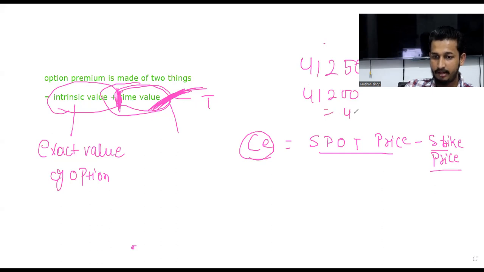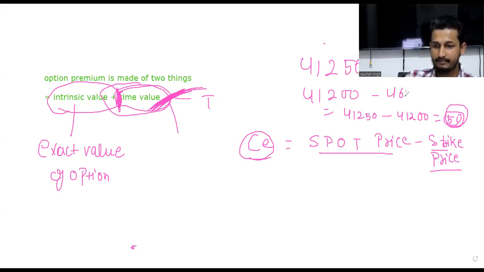Simple: 41,250 minus 41,200, we get 50 rupees as intrinsic value. This is our intrinsic value. And for an example, the value of this option is 461. So what will be the time value?